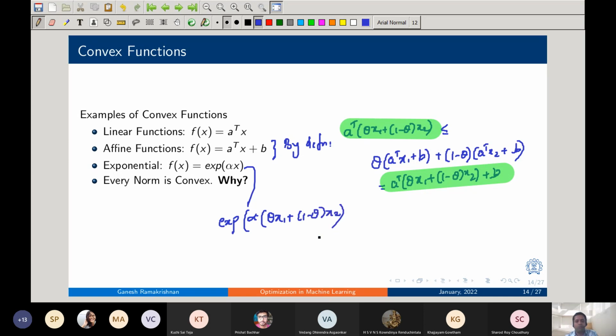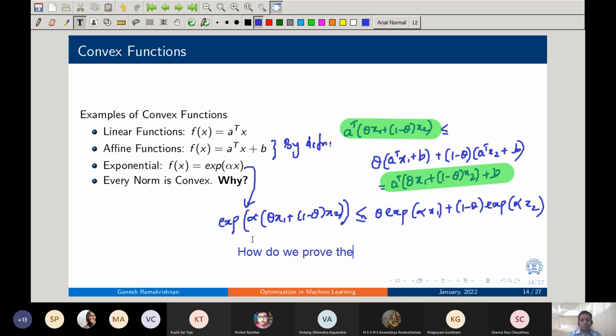You'll have to prove that this is less than or equal to theta times exp of alpha x1 plus 1 minus theta times exp of alpha x2. So how do you prove this? Anyone?